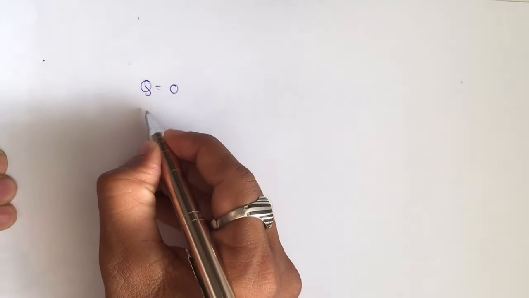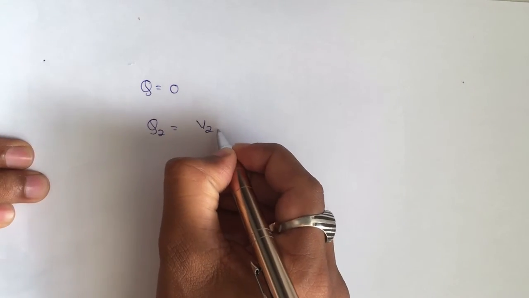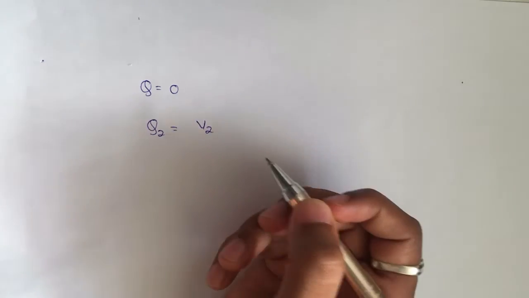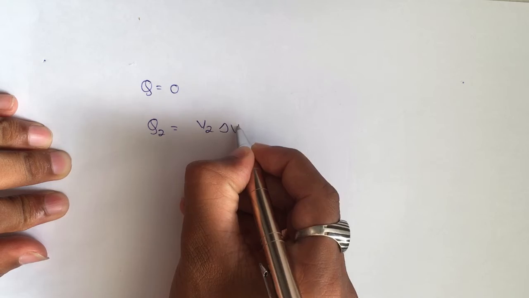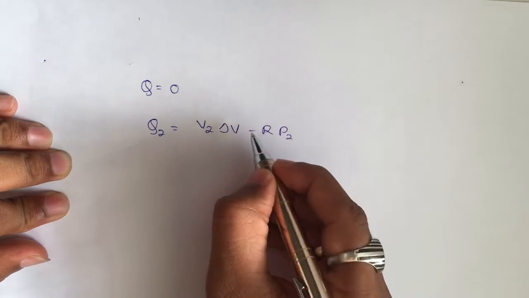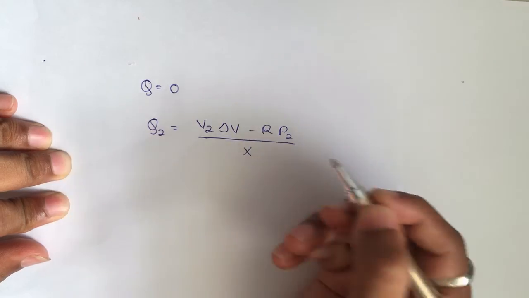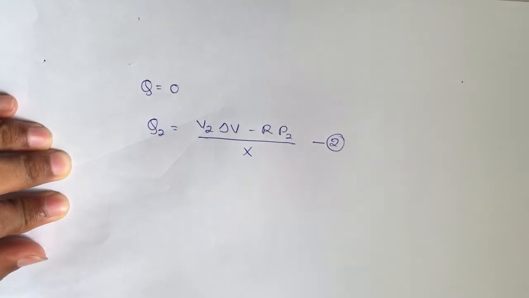And from equation 1 we can write the receiving end voltage and the reactive power for bus 2 as Q2 is equal to V2 into delta V minus R into P2, divided by X, marking it as equation number 2.